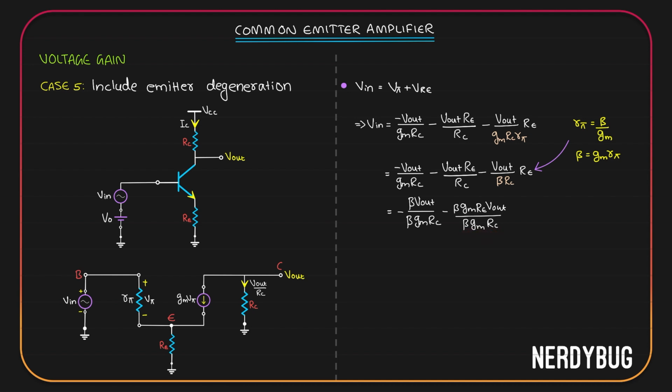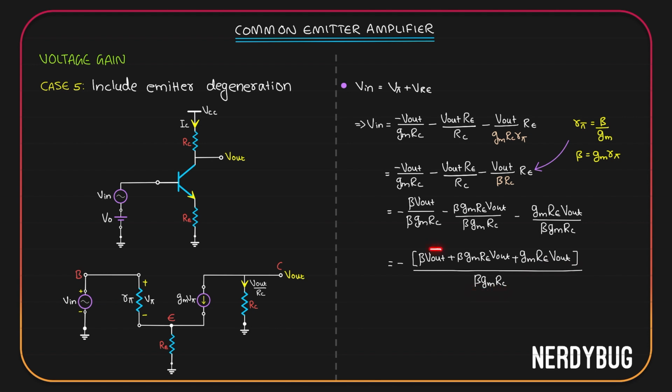For the third term, in the denominator I only have beta RC. To make it beta gm RC, I have to multiply and divide this term with gm. It will become minus gm RE Vout divided by beta gm RC. Now that all three fractions have the same denominator, we can write the whole sum like this: negative of beta Vout plus beta gm RE Vout plus gm RE Vout, divided by beta gm RC.